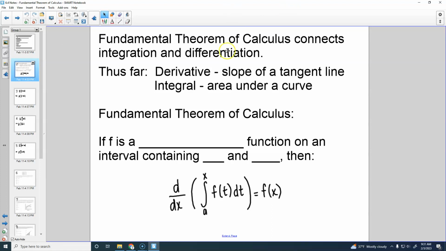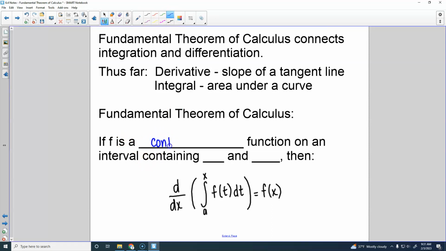So far we have talked about derivatives, which are the slope of a tangent line, and integrals, the area under the curve. The fundamental theorem of calculus tells us that if f is a continuous function on an interval containing a and b.